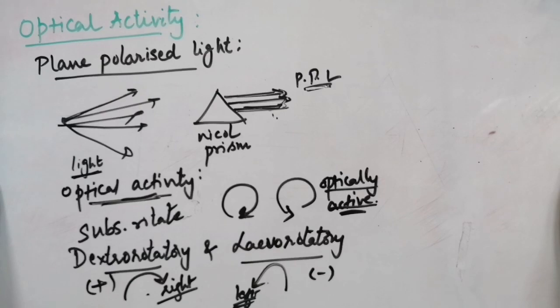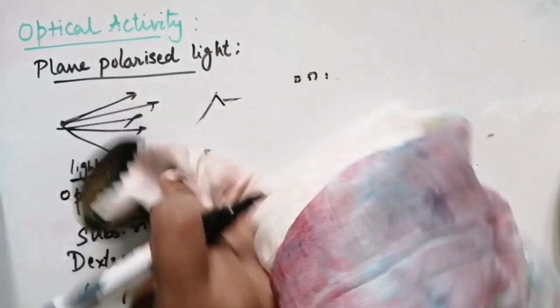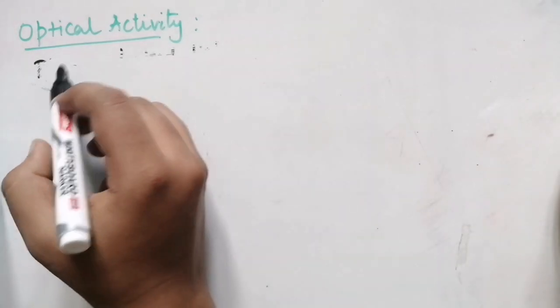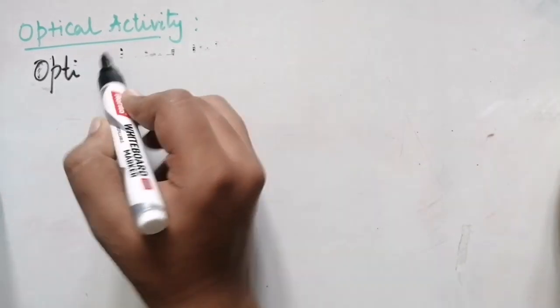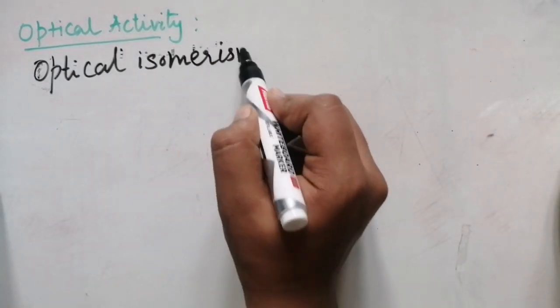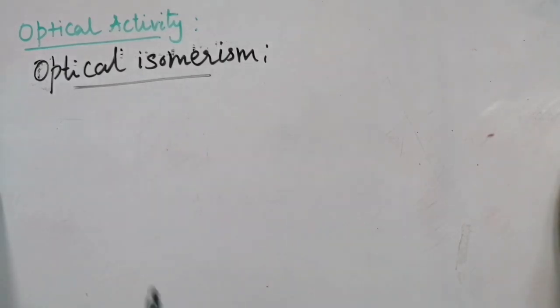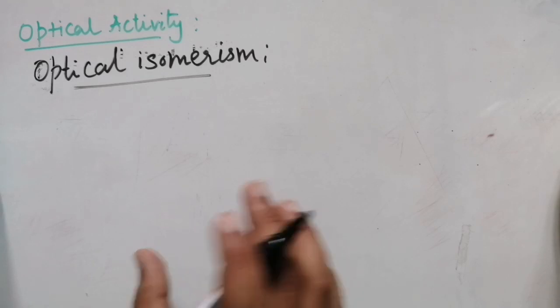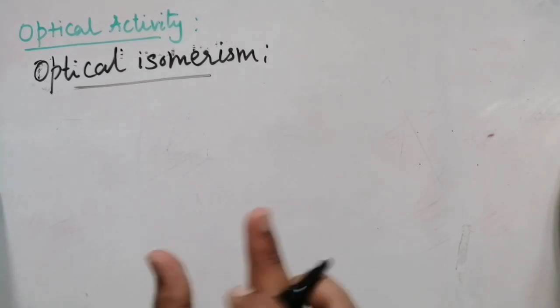The next definition that we have to learn is optical isomerism. We all know that isomers are the substances which are the same in molecular formula but differ in structure.